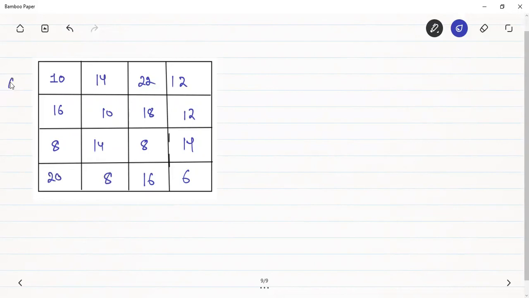So this was the person A, this was the person B, C and D. We had 4 rows and we will have 4 columns, J1, J2, J3 and J4. The first step is that we have to perform a row operation.